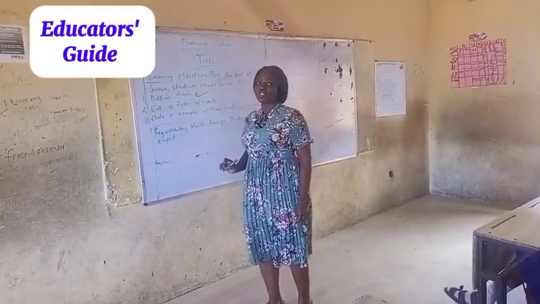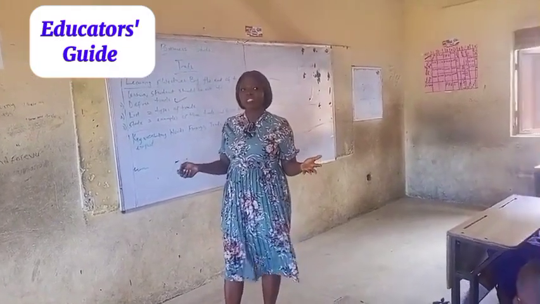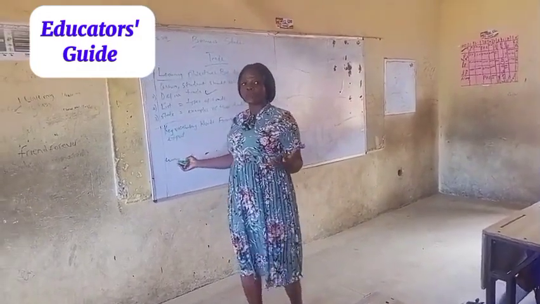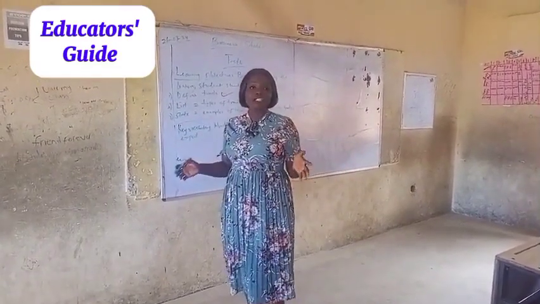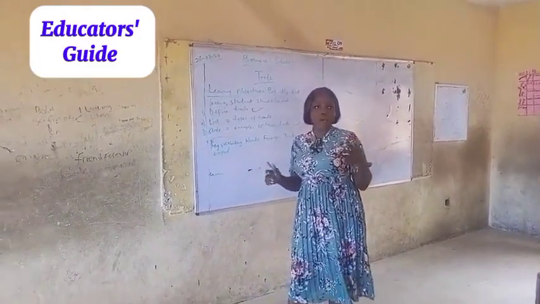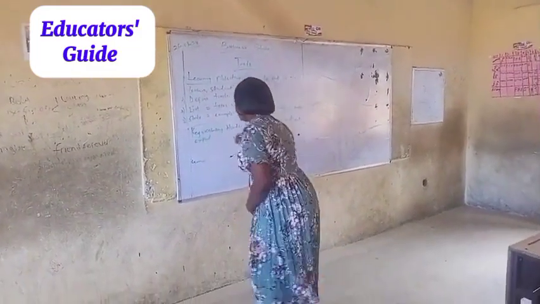It is wrong to do that in the class. We have students from different environments, and instead of concentrating on what you are doing, they tend to make jest of the teacher, especially when the teacher is fully endowed. I hope you know what I mean. They will start making jest of the person, and this distracts the students. So don't do this.